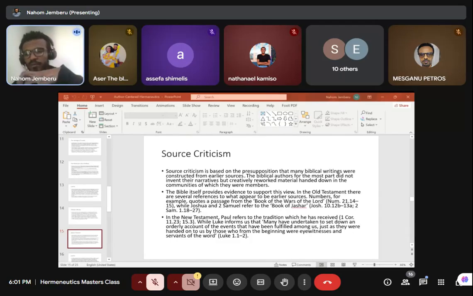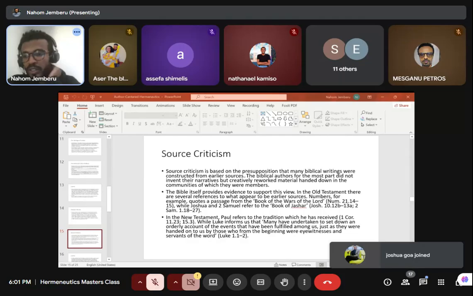So source criticism. As I've already said last week, this author-centered approach had a tendency to go behind the text, right? To spend a whole lot of time in the background world of the author. And source criticism pretty much does that. It tries to see the various sources that are in play in a finished material.